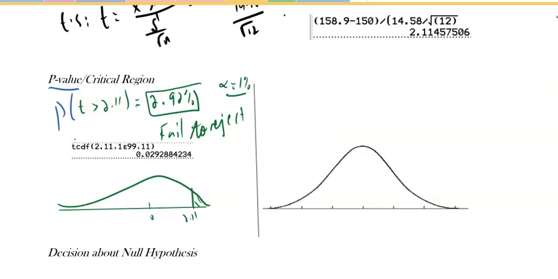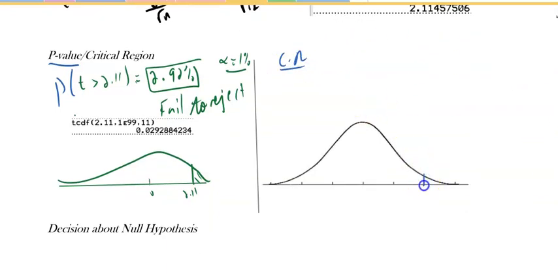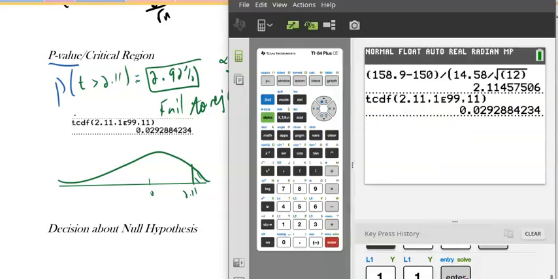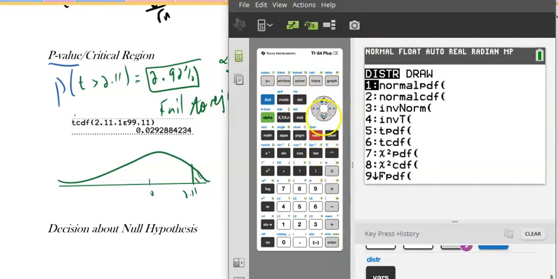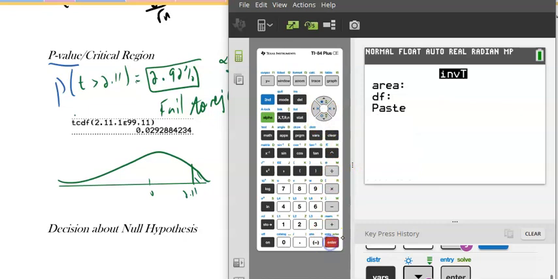So what if I wanted to use the critical region? Critical region, I would say, well, let's see. If you want 1%, remember, I could only find the area to the left. So the area to the left is 0.99. Figure out the cutoff for the rejection region. Second, distribution, inverse t distribution, at 0.99.